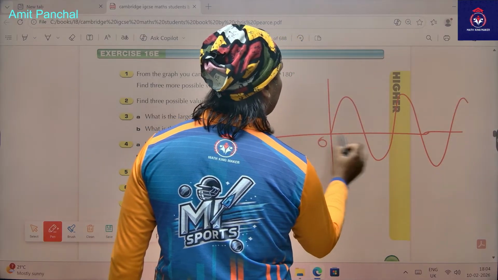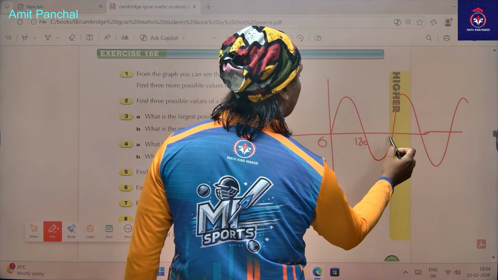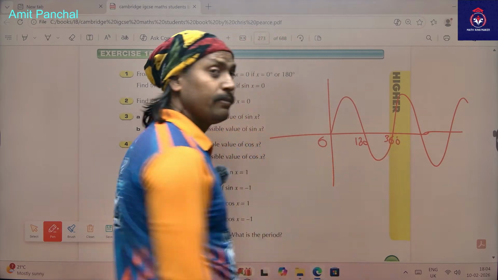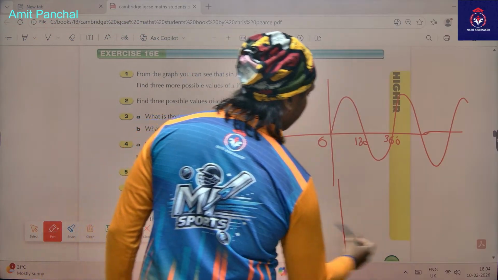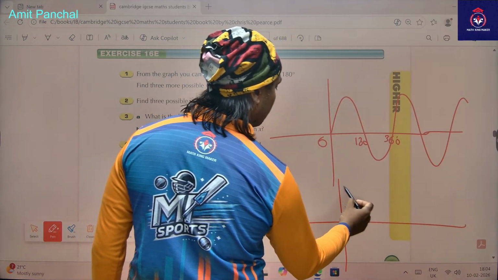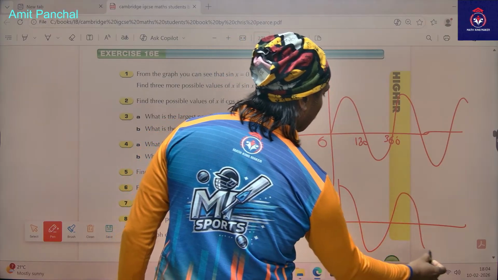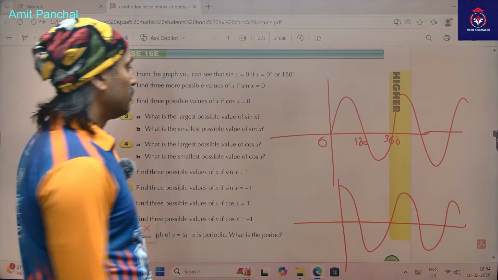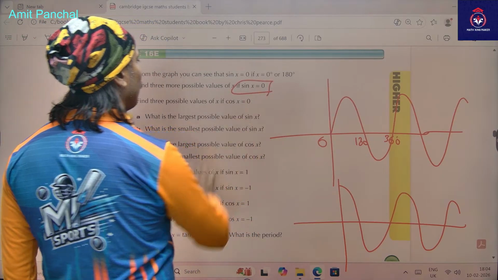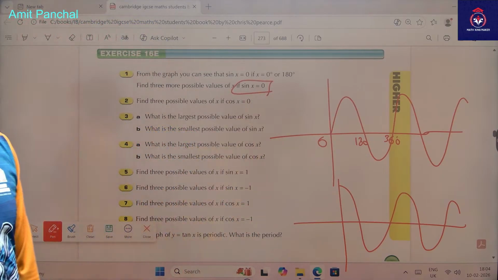It is asking for which values of x sin is 0.